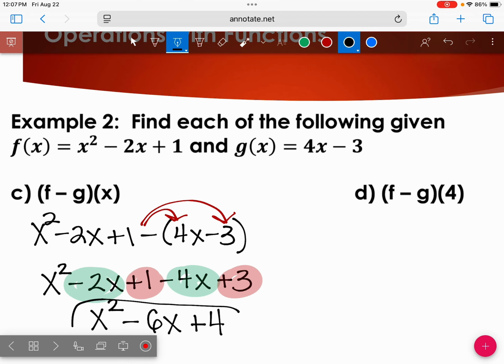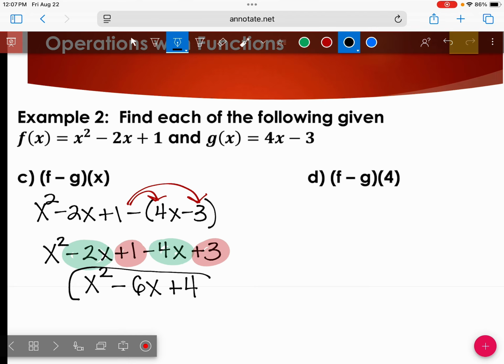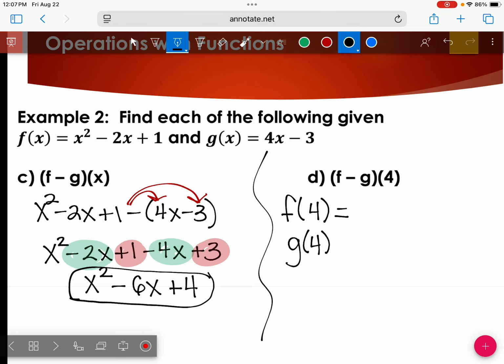All right, feel free to use whatever method you want to do part D. I'm going to stick with the first method where I find them and then subtract. So I'm going to find f of 4 and then g of 4 and then subtract those numbers. Because, again, you may not have this function to use.